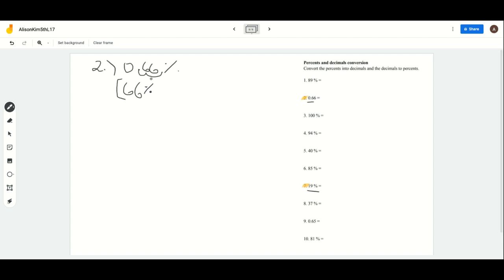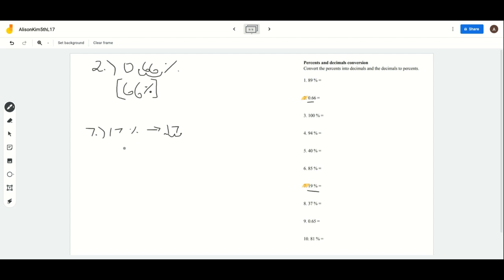So you move to the right twice. Now, when you want to turn percents into decimals, we could just take out the percent. It's the same thing as 17 point right there. And when you want to turn percents into decimals, it's the opposite. You move to the left 2 places. So 1, 2. And our decimal point is right there.